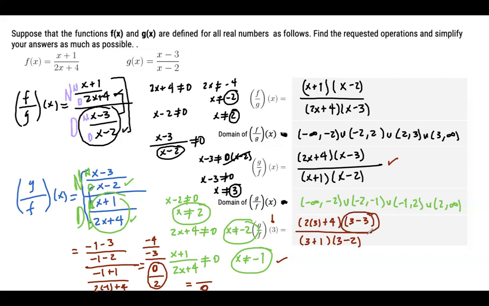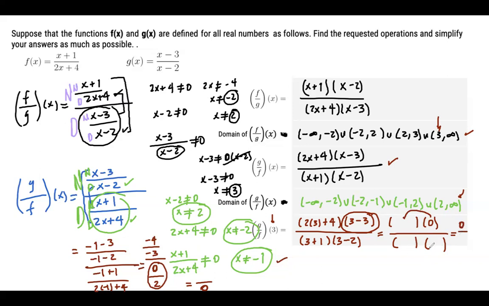It will make the whole difference, and that's why on this one we're not excluding the 3, because on the other one 3 is not allowed, and if you were to use a 3, you were going to end up with an undefined answer. But here you can try to do the whole thing, and you're going to end up with whatever's inside of that parenthesis, the 2 times 3 plus 4, multiplying a 0, and whatever is happening here times whatever is happening here doesn't really matter at this point, because 0 times whatever comes out of there is going to be 0.